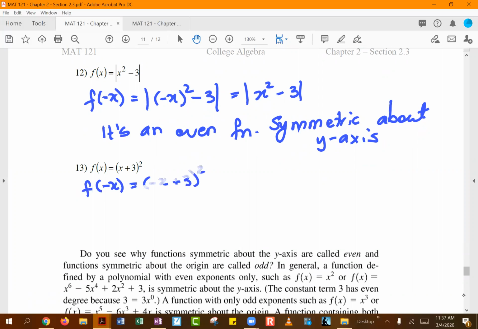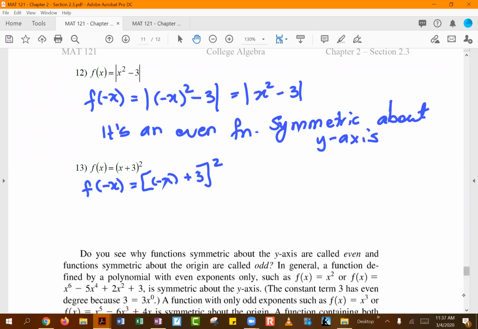If you want to put that in parentheses, you can use brackets for the outside, negative x in parentheses, plus 3 squared. However you want to write it down. This one is kind of hard to tell, right, the way it's set up. Does anybody have a clue at this point? You can try that.